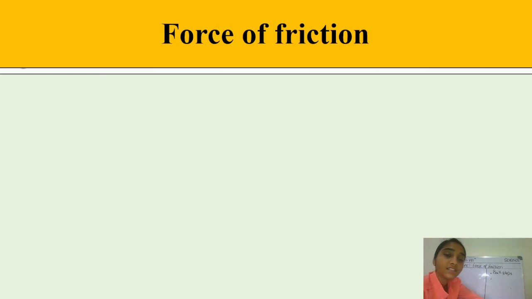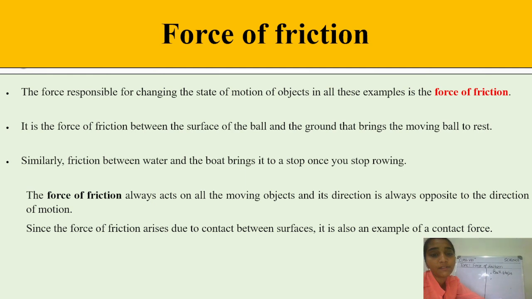Very good. So what is actually friction? It is a force responsible for changing the state of motion of objects in all these examples. It is the force between the surface of the ball and the ground that brings the moving ball to rest.